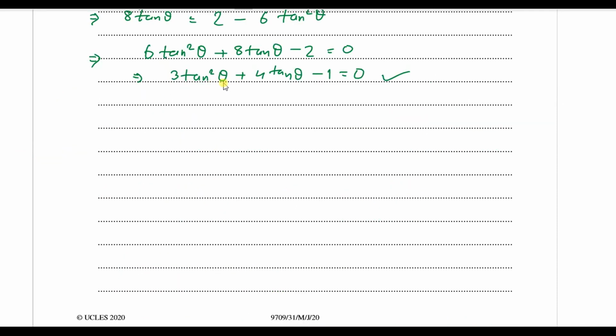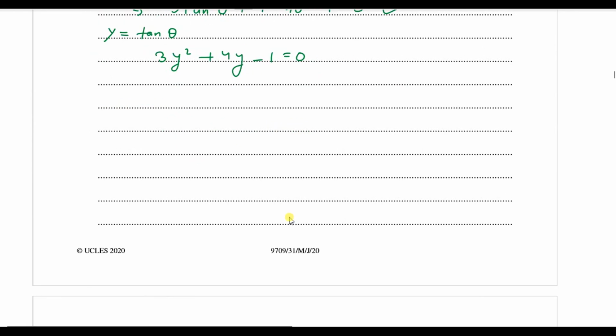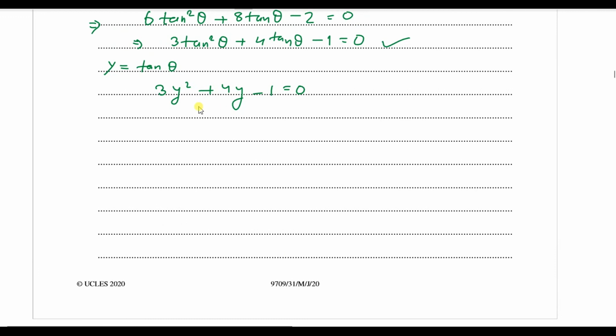Since it is a quadratic in tan theta, we can take y as tan theta, and then we'll get 3y square plus 4y minus 1 is equal to 0. So here is the quadratic equation in tan theta. I'll take y as tan theta, and this becomes quadratic in y now. Now we are going to use the quadratic formula to find the value of y. y is equal to minus b, so minus 4 plus minus root of b squared, that is 16, minus 4 times 3, which is 12, into minus 1, plus 12, over 3 times 2, which is 6.